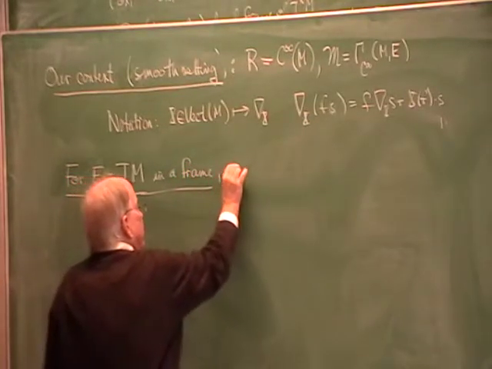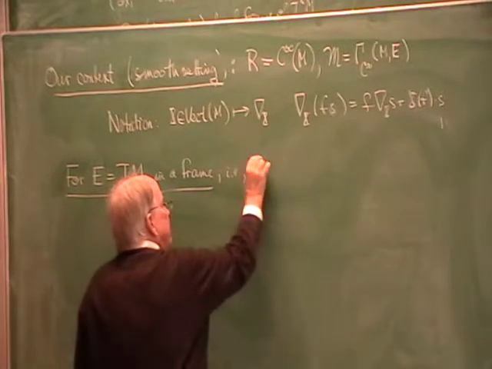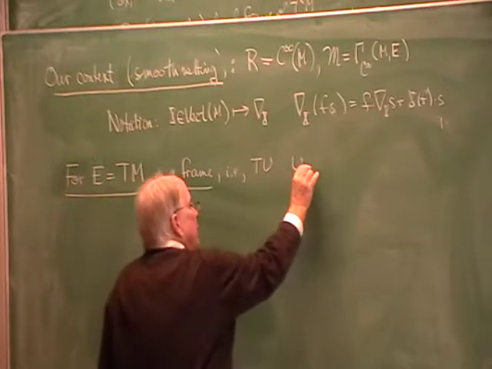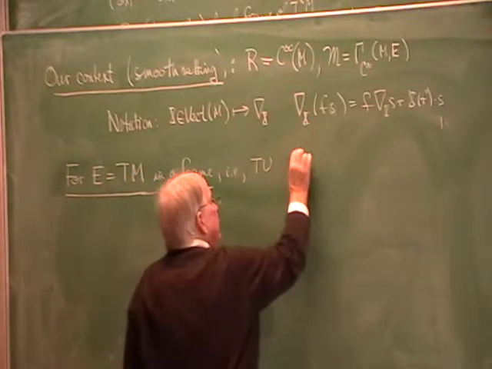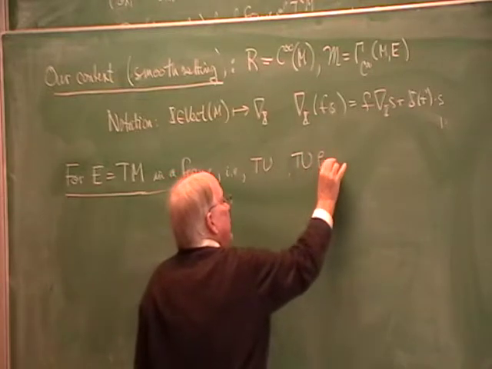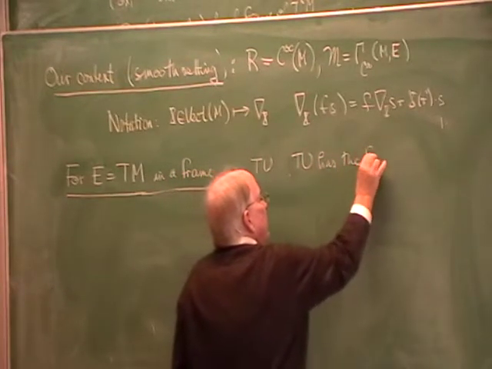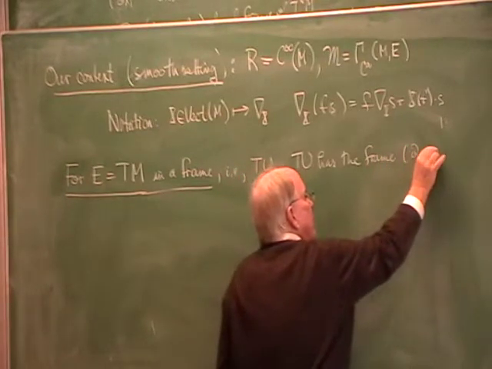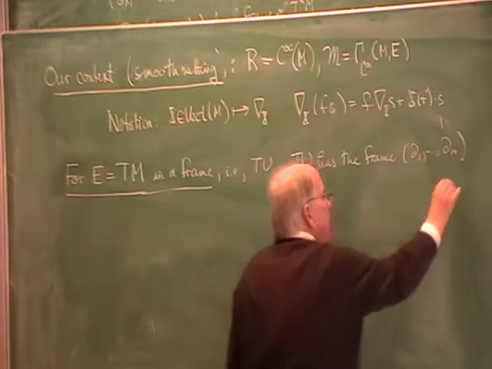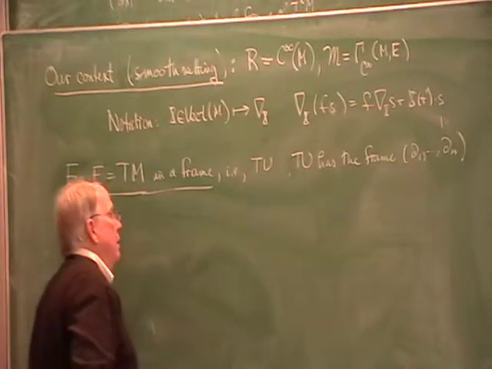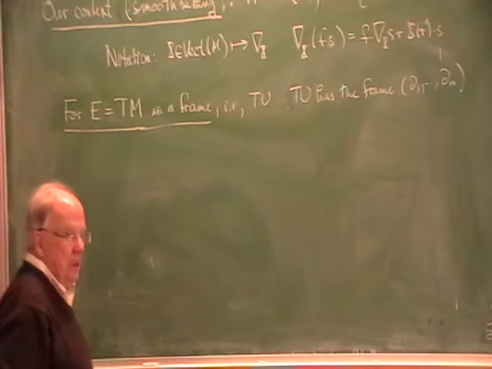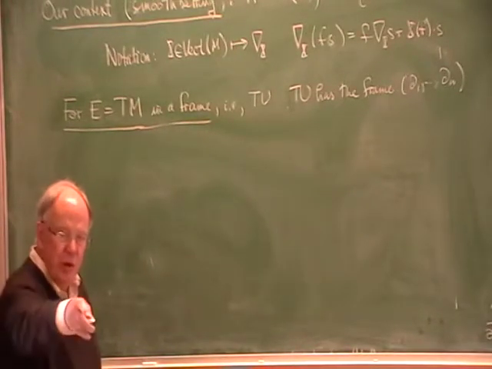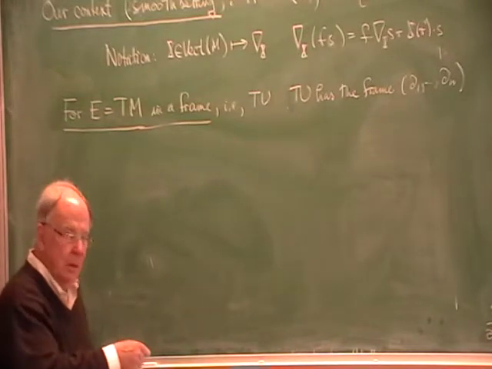So what we're talking about is the tangent bundle over a coordinate chart U, where T of U has the usual frame of coordinates d1 to dn. So if we have a frame, we have a chance of writing this down. This is what we talked about yesterday, and I want to talk about it again, in the frame.